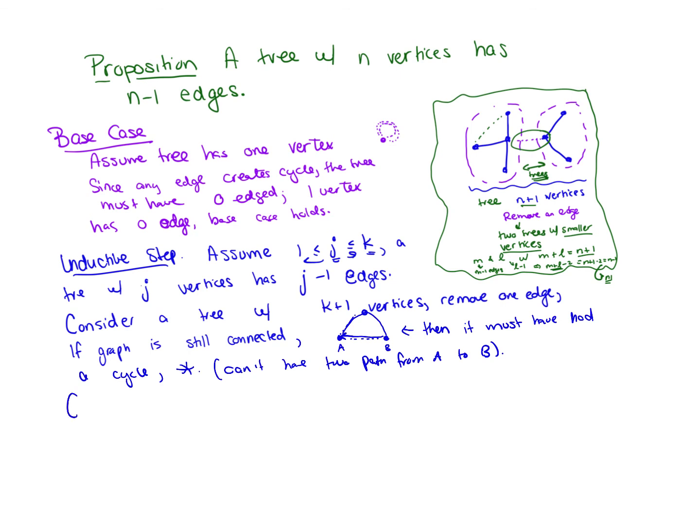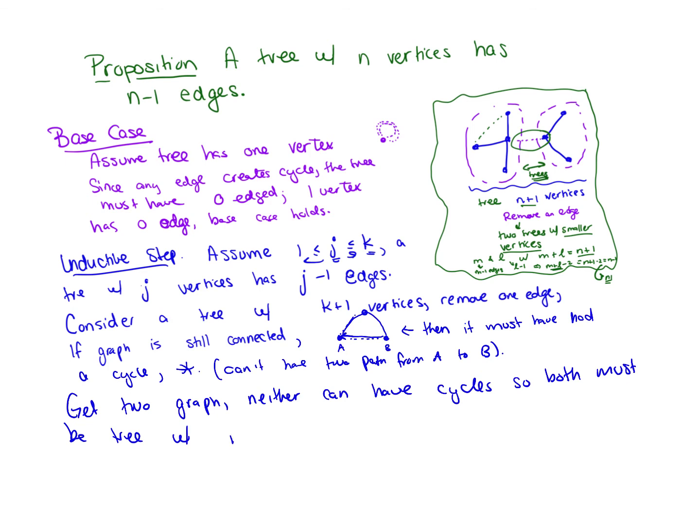Okay, so we get two graphs. Neither can have cycles, because then the original would have a cycle. So both must be trees. And they're going to have, let's say, m and l vertices, where the sum of m and l is k plus 1.